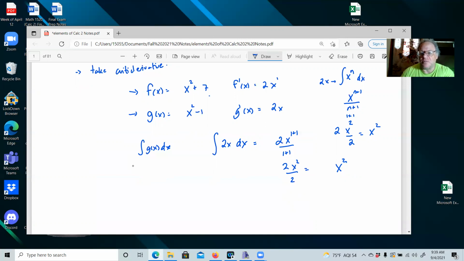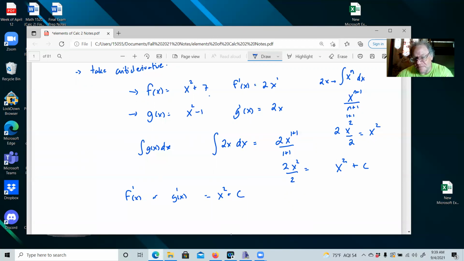So to combat this problem, we're going to add a C here, plus a constant. So if I say the antiderivative of f prime or g prime, let's go with that, is equal to x squared plus some arbitrary constant. Well, if I plug in 7, I get back to f of x, or if I plug in negative 1, I get back to g of x.